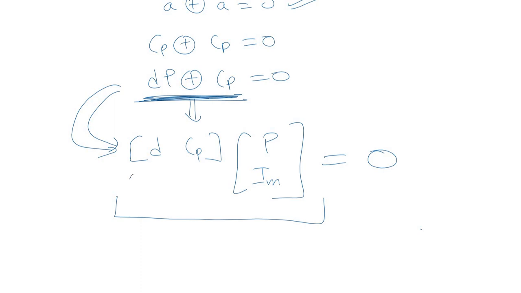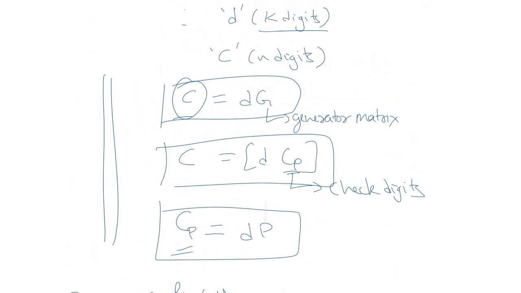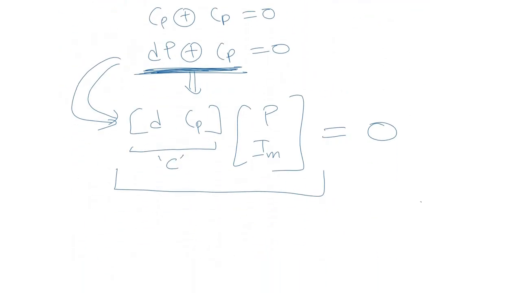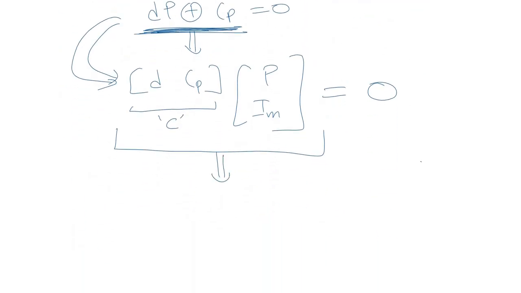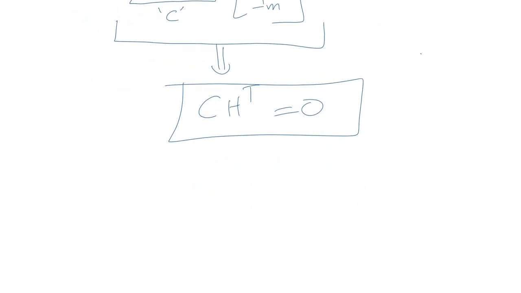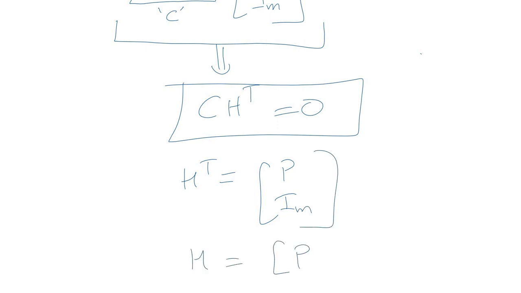Where this matrix D concatenated with CP is nothing but your code word. We have already seen that D concatenated with CP is nothing but the code word, right? So we can further rewrite this expression as C into H transpose equal to 0, where H transpose is equal to P over I_m. Or we can say H is equal to P transpose, I_m.